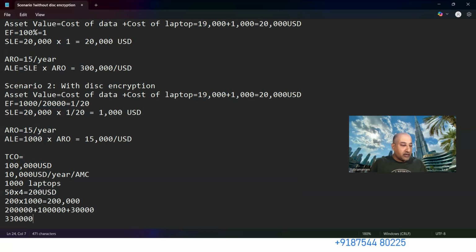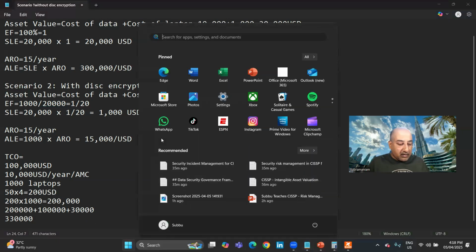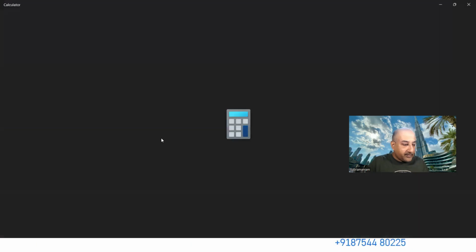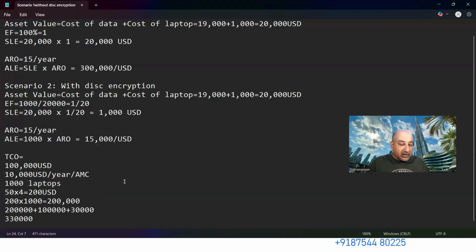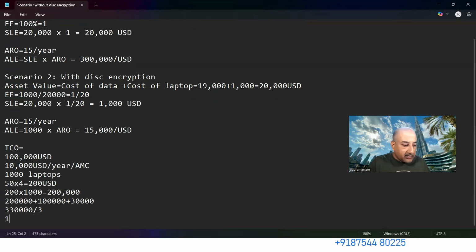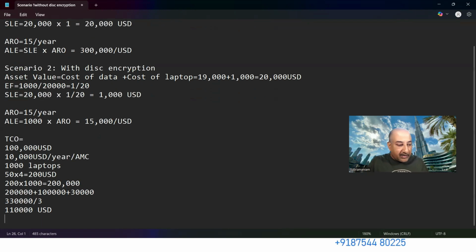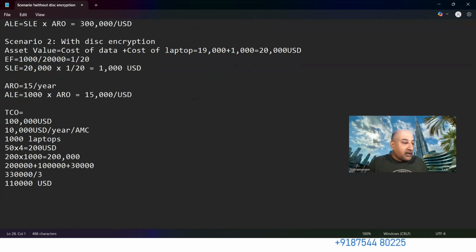I might be wrong on the calculation. So 200,000 plus 100,000 plus 30,000, so 330,000 US dollars divided by 3 years, it becomes 110,000 USD per year is what I'm actually shelling out as a total cost of ownership.